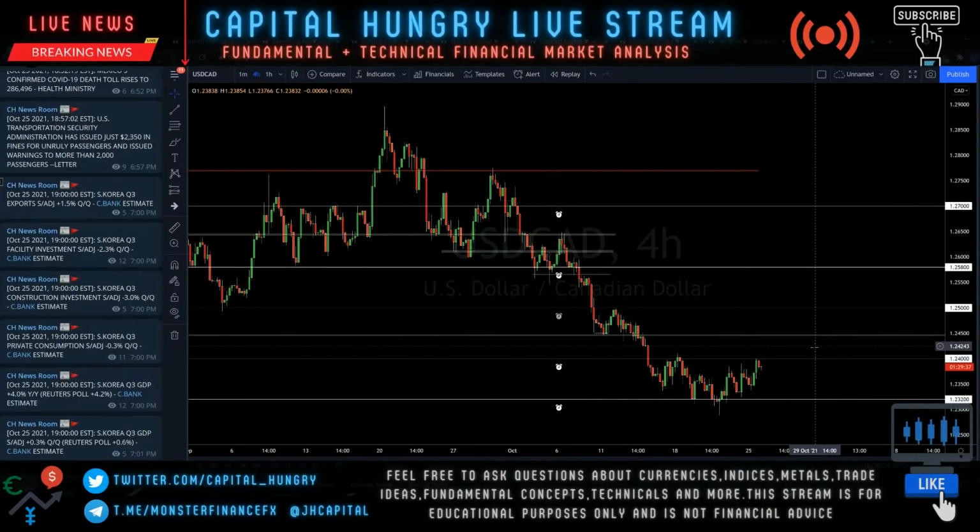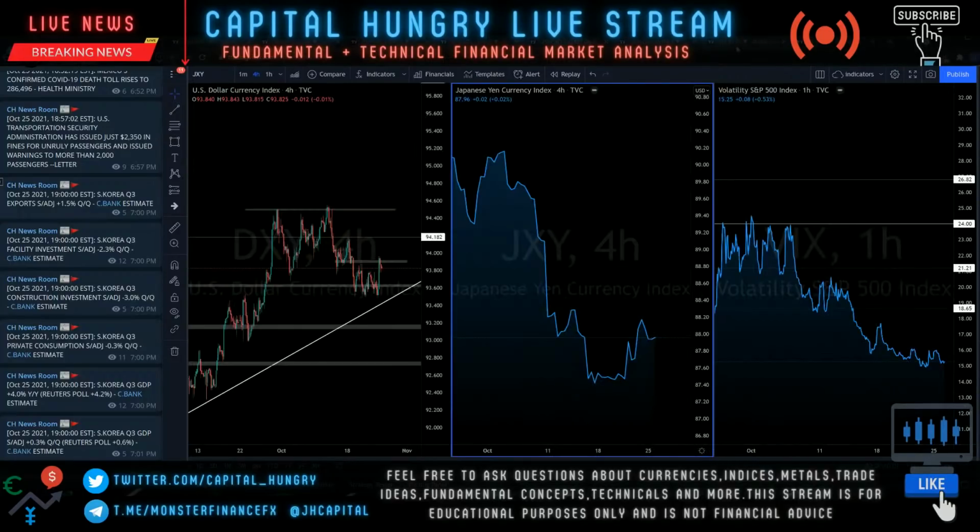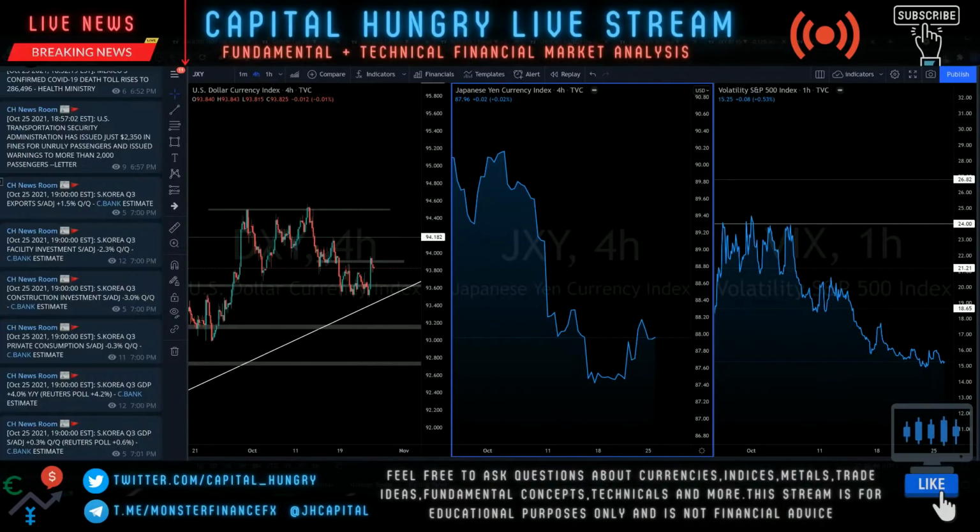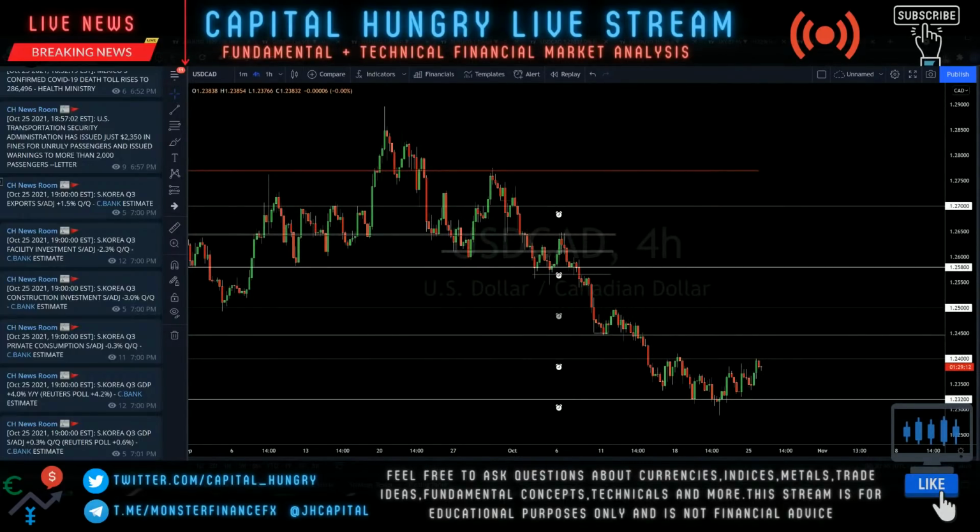So when I'm looking at USD CAD, obviously we're entering a consolidation phase here, but just having a consolidation phase doesn't mean a support. As long as oil stays as bullish as it is and dollar doesn't break above that 93.9 price point, then I'm still on a USD CAD sell bias.